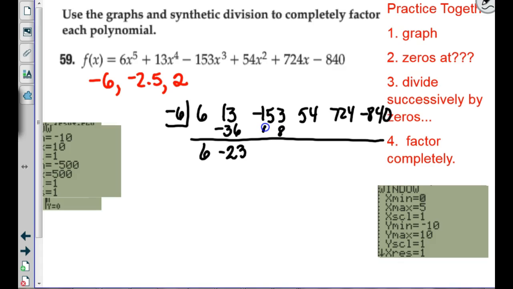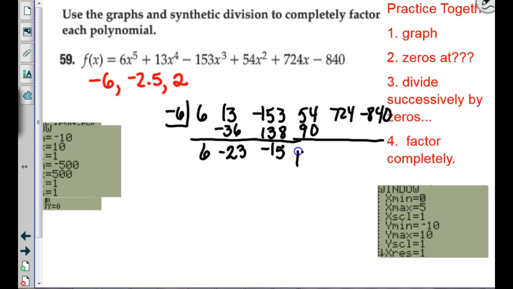Maybe 138? Yep, totally wrong. I don't think that's right. Okay. I thought I was close. 138. -153 plus 138. What? Oh, I thought you said 50. My bad. -6 times -15 is +90.